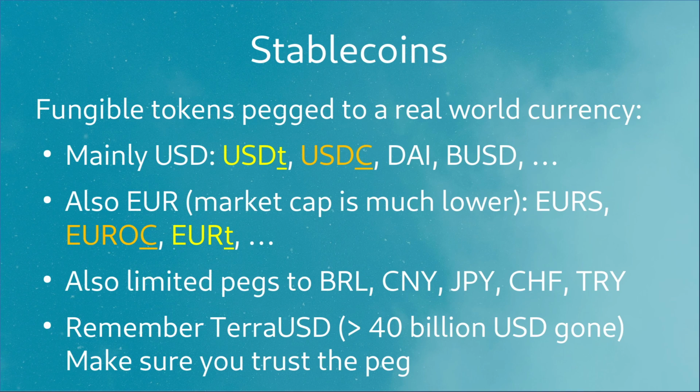So if you buy something, any token, always check who backs it and be sure that you trust it. Now, the cryptocurrencies you see there, USDT, USDC, DAI, Binance USD, Stasis Euro, EuroC, EuroT, have a bit more reputable backing, but at least you have to be sure that it is something that you want to do.